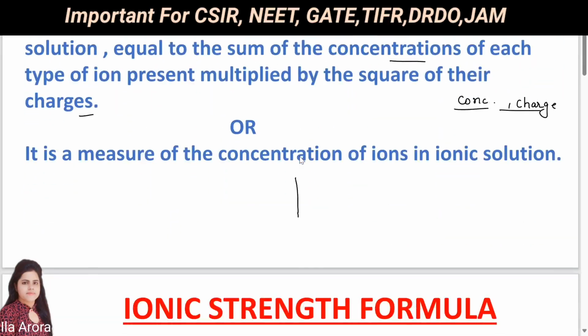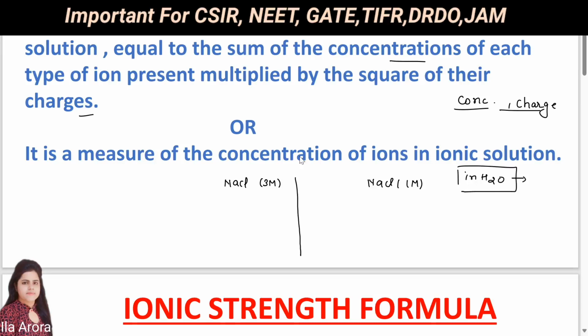Now to understand it, I am giving you two solutions. One is NaCl and concentration is 3 molar. Second is NaCl, concentration is 1 molar, and I am dissolving both in H2O.